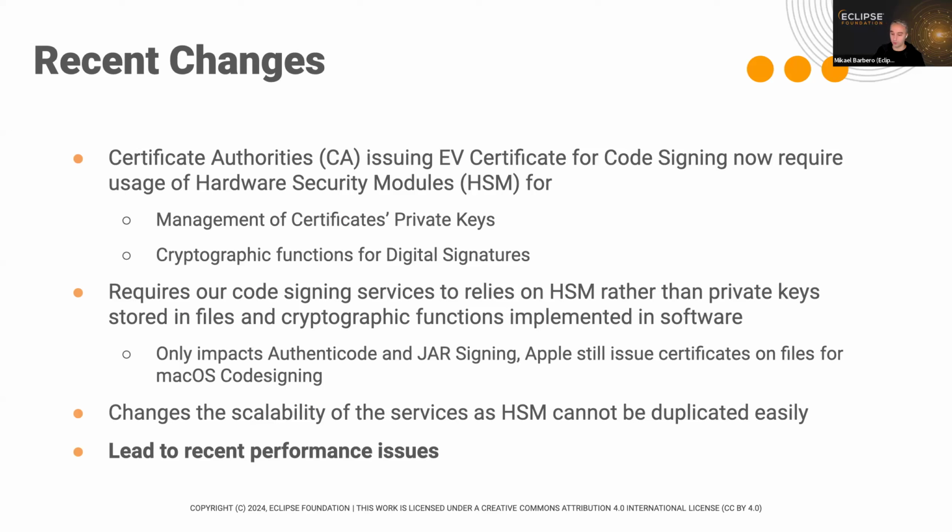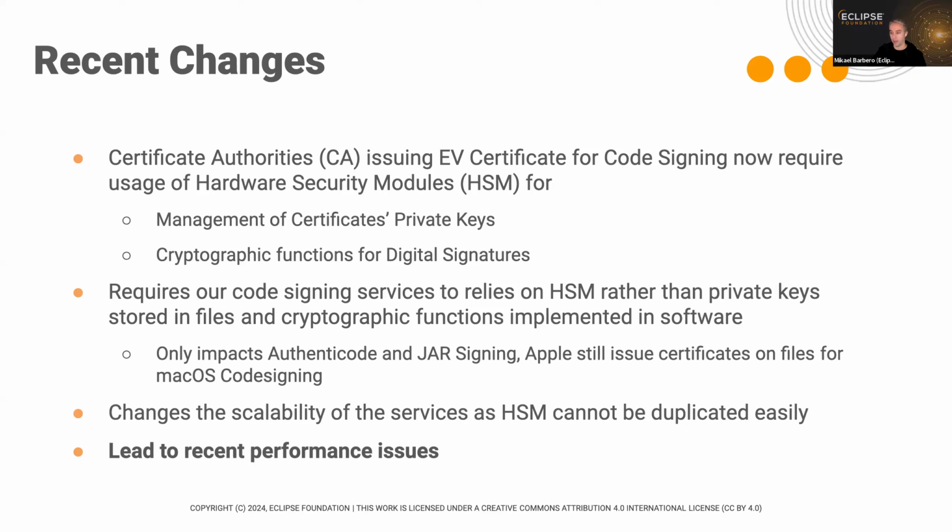A hardware security module is basically a USB stick that you plug into your machine, and it will be the secret manager for the private key that is used to sign. You cannot extract the private key from those dongles, but they also do a number of cryptographic functions, like the SHA calculation, directly on the hardware.